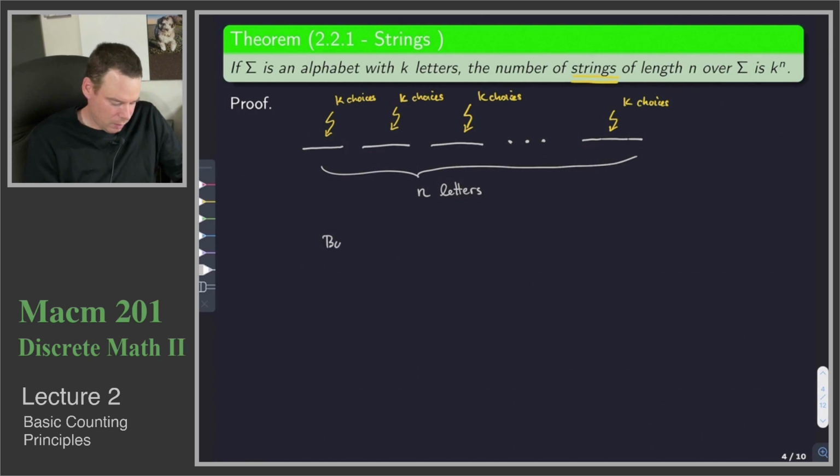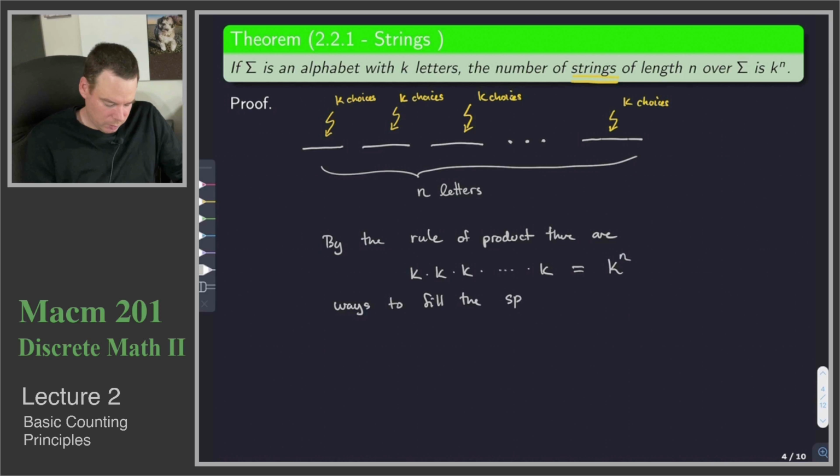So what we have is, by the rule of product, how could I fill these spots with letters? I can fill the first one in k ways, and then I can fill the second one in k ways, and so on. So by the rule of product, there are k times k times k times all the way down to k, and there's n of those, or k to the n ways to fill the spots with letters.